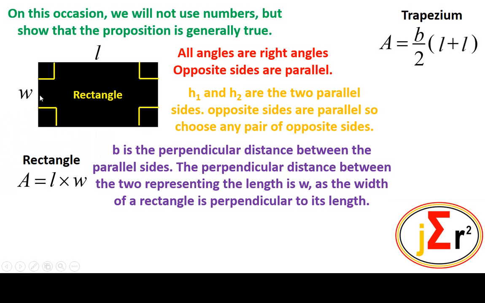Therefore, the perpendicular distance between these two sides that are considered to be the length will be the width. That's very convenient for us in a rectangle. So the perpendicular distance between the two parallel sides will be W.